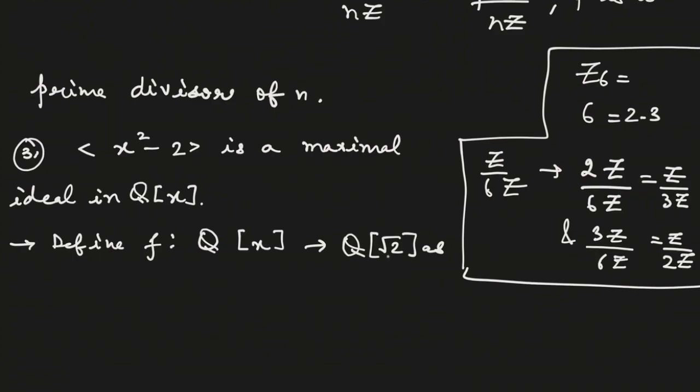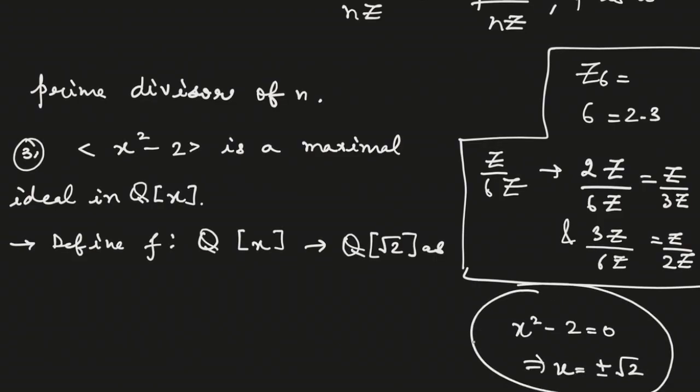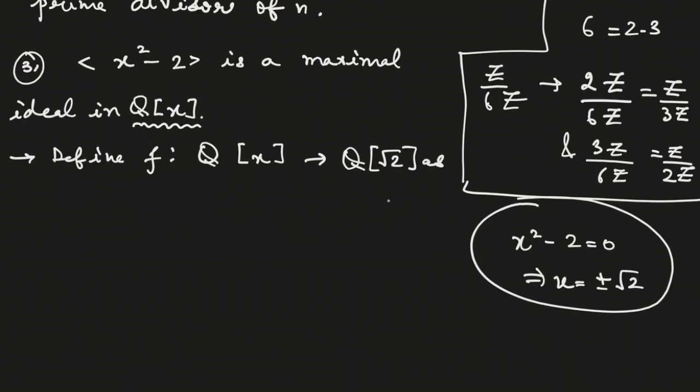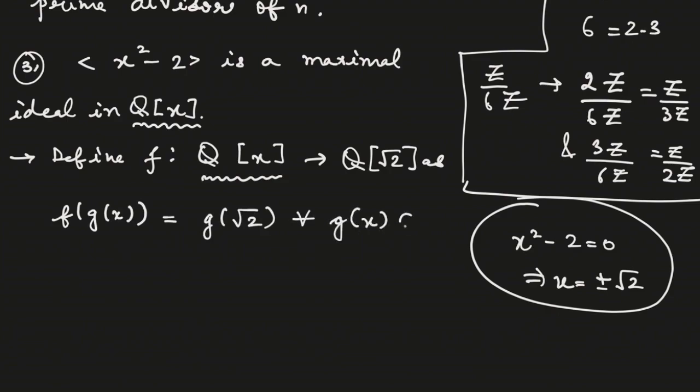Now why have I taken Q root 2? Because if I put x square minus 2 equal to 0, then I am getting x equal to plus minus root 2 and the ring is Qx. So that's why I have taken this Q root 2. This is a polynomial ring, polynomials whose coefficients belong to rational numbers. So f of g(x) is equal to g of root 2 for all g(x) belonging to Qx.